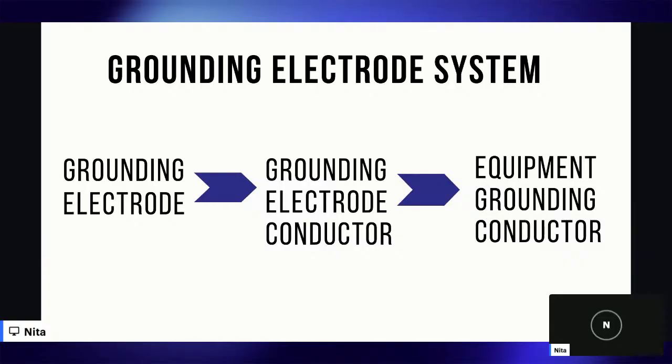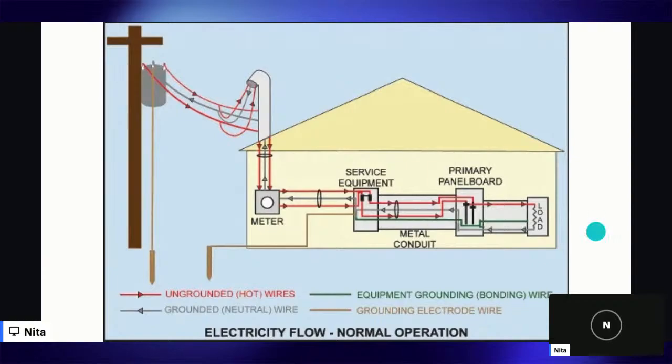So again, our electricity is going to enter the house, 2 energized conductors, 120 volts on each conductor. These are our hot wires. These are not supposed to be touching the grounding system. We don't want any current on the grounding system unless it's an emergency. There should be no current on the grounding system unless it's a problem. Okay?